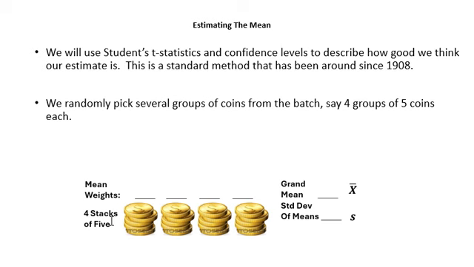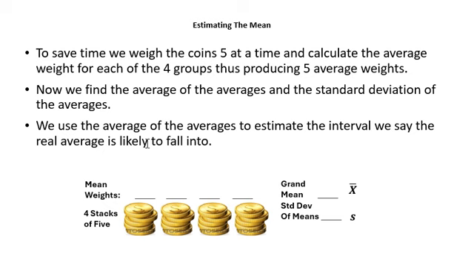Of course, we have mean weights of 4 stacks of 5 coins, and then we have our grand mean, which is X bar, representing the sample mean, and of course the little s represents the sample standard deviation. To save time, we're going to weigh the 5 coins at a time and calculate the average weight.